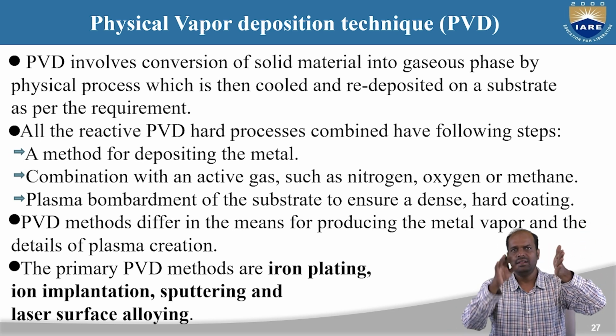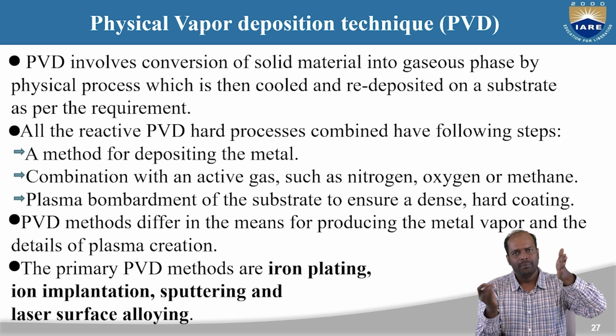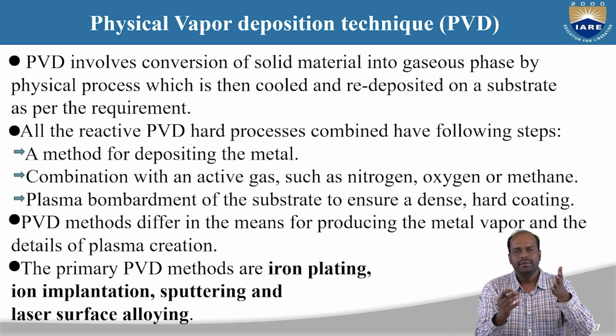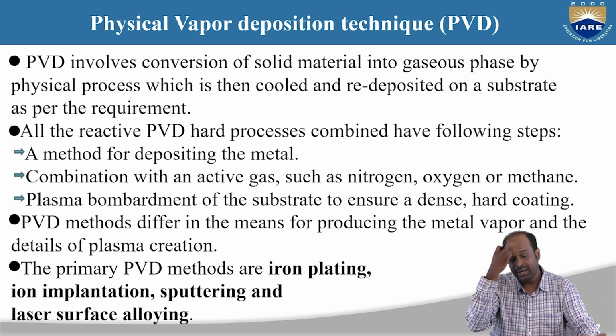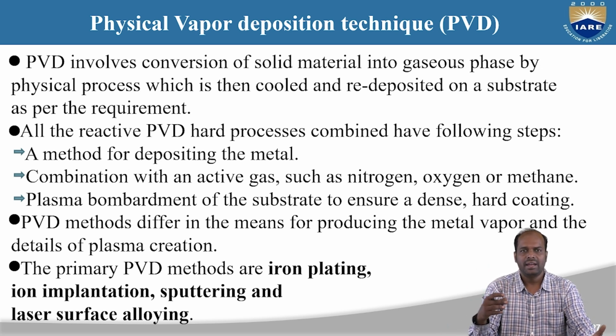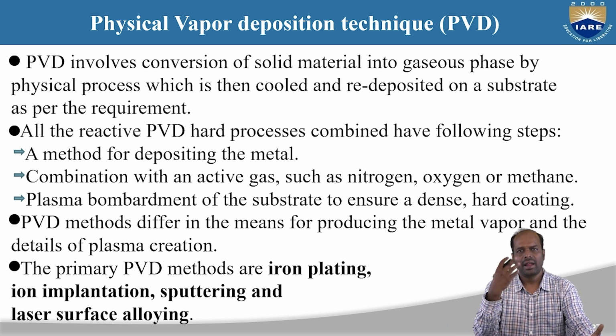We create a vacuum, and after creating the vacuum, all the atmospheric materials are removed and the pressure is maintained. At that time, we pass either argon gas or nitrogen gas, due to which we create the plasma.